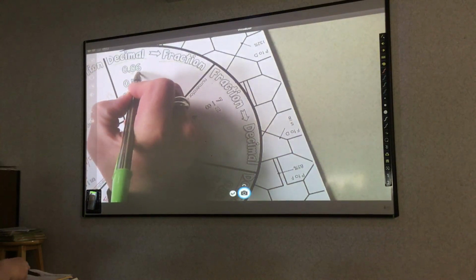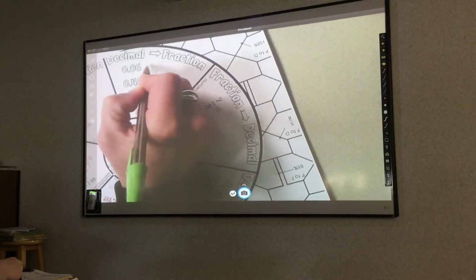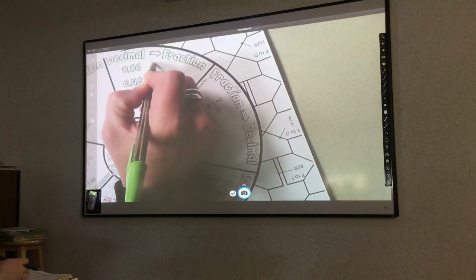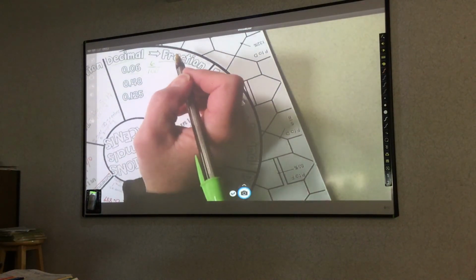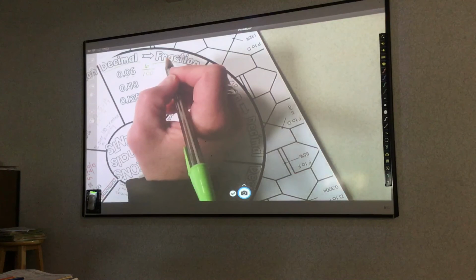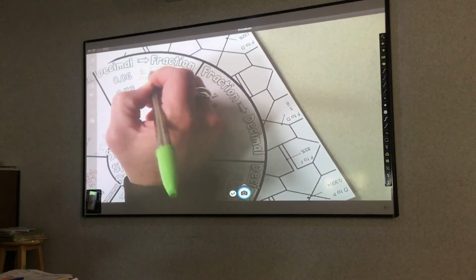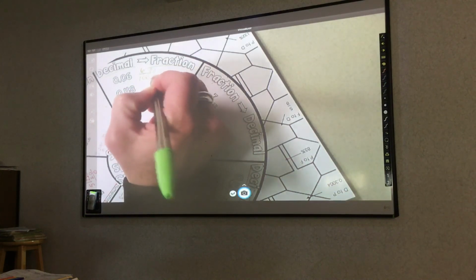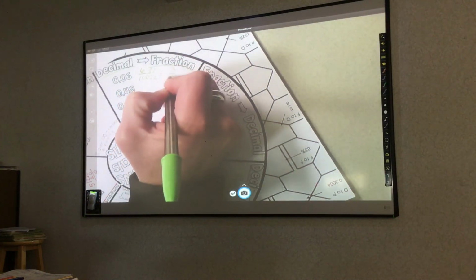So I read this as 6 hundredths. So you write it like it's written. So if I have 6 hundredths, I now need to reduce it by, or simplify it, what can I reduce it by? 2. And that becomes 3 50ths.